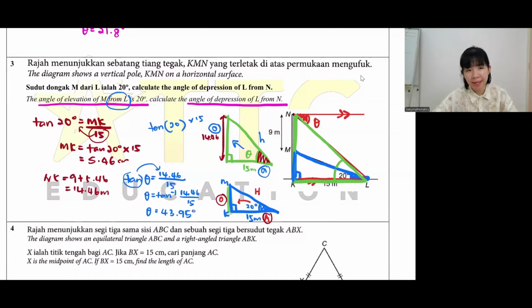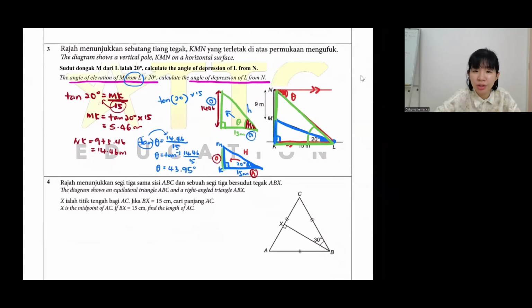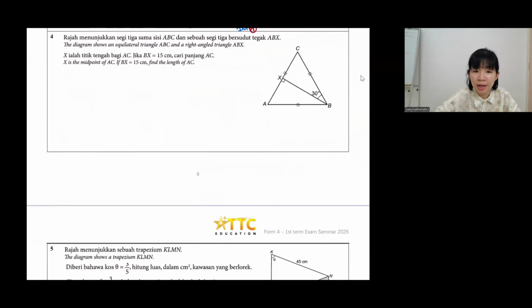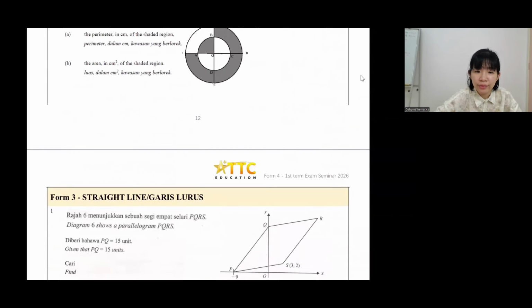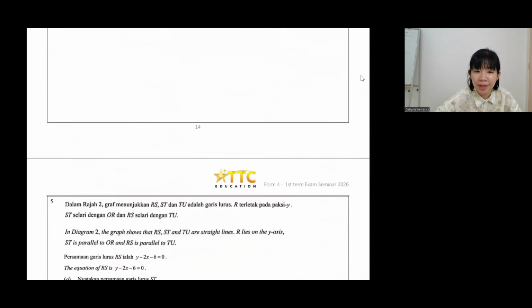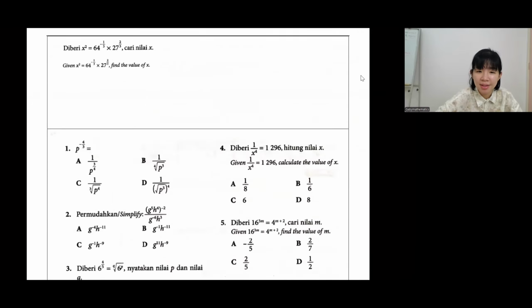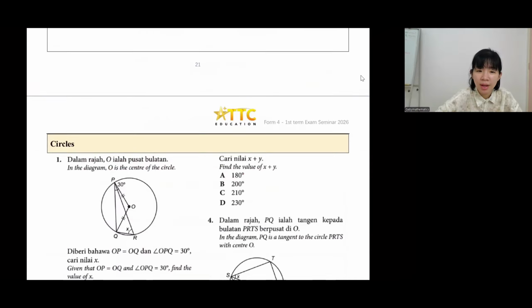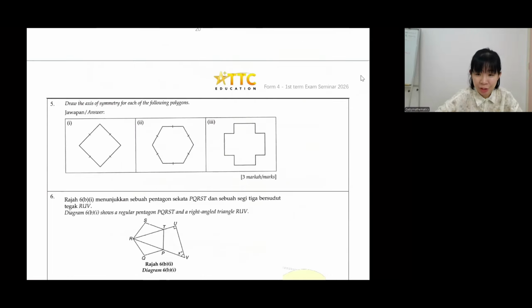Okay guys, flip to the back and check what topic you think you forgot how to do and you wish to revise. You see the majority, let you choose. We have area volume, straight line, algebra, index, polygon, circle, straight line.